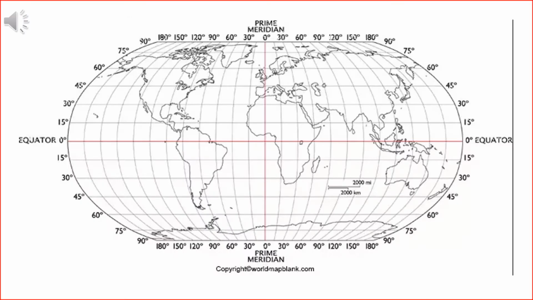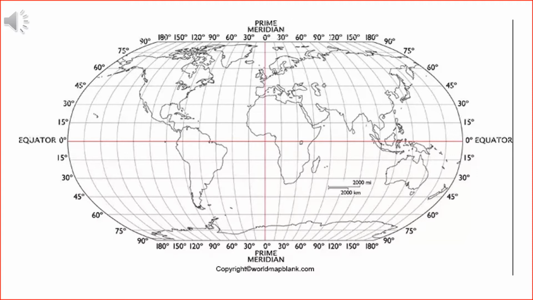You can now see the 0 degree, the line that is running at the center. That line is called the equator. So the lines of latitudes start at 0 degree at the equator. Next you can see 15 degree, 30 degree, likewise.